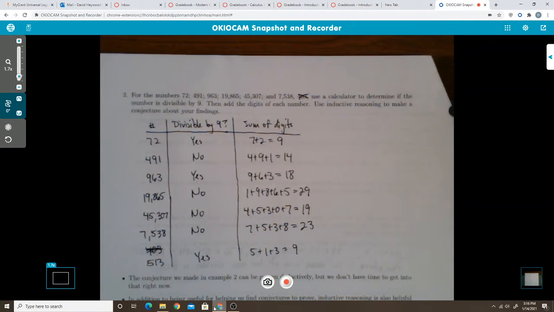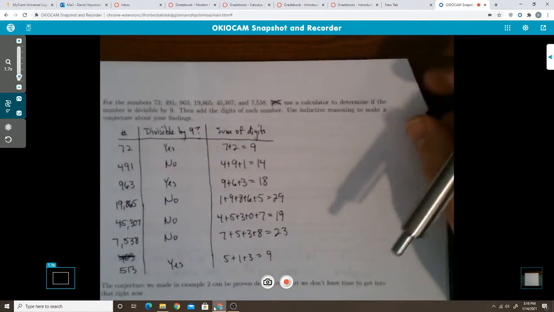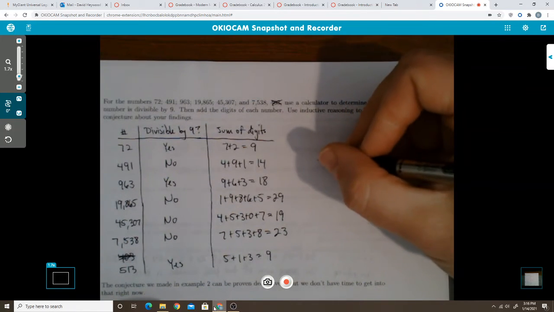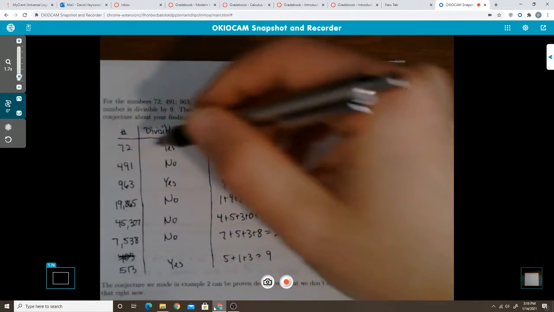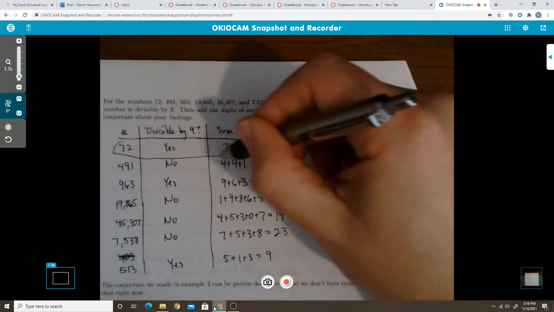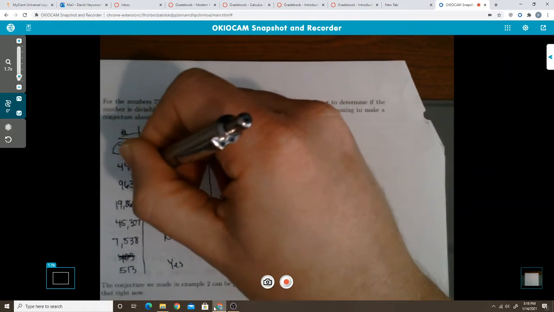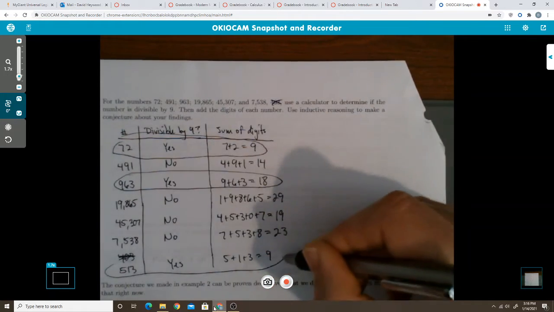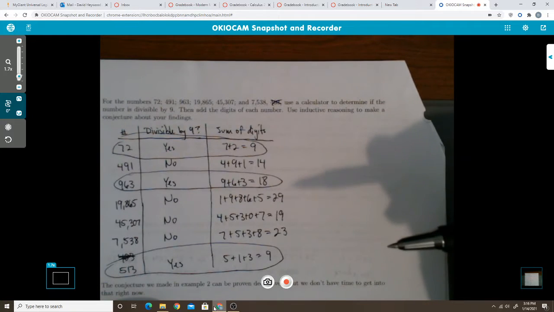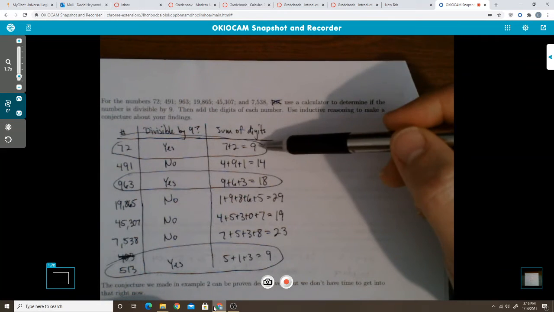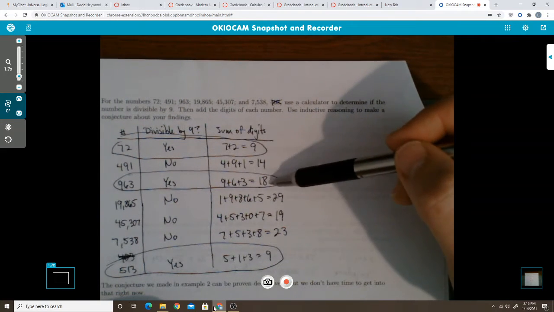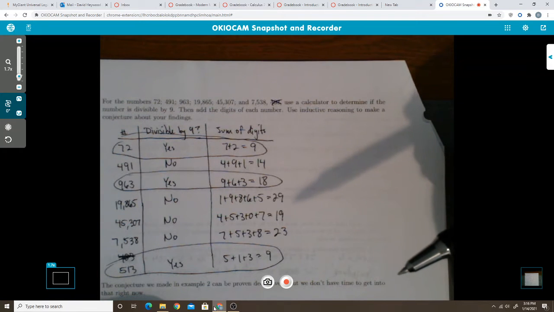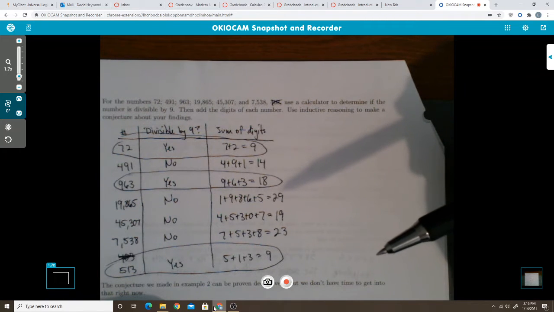So it says, use inductive reasoning to make a conjecture about your findings. So, conjecture. Well, these are the numbers that were divisible by 9. And notice that the sum of their digits, 9, 18, and 9, those are all divisible by 9, right?